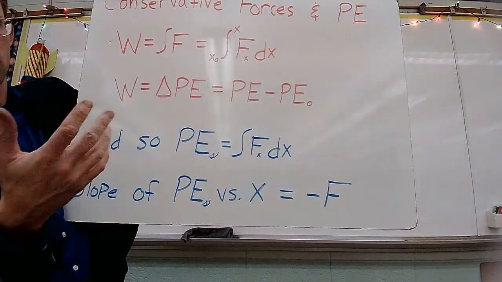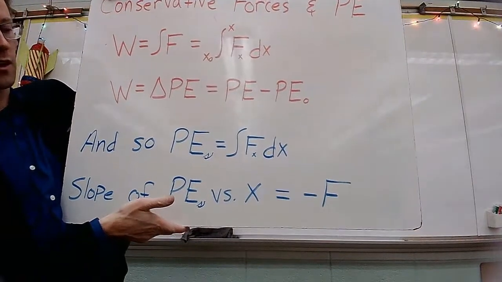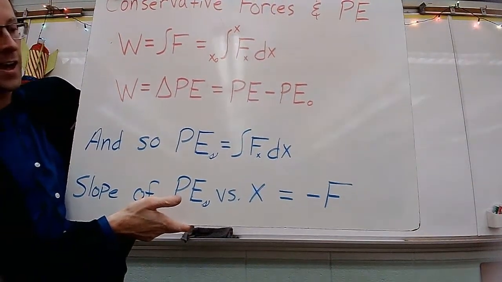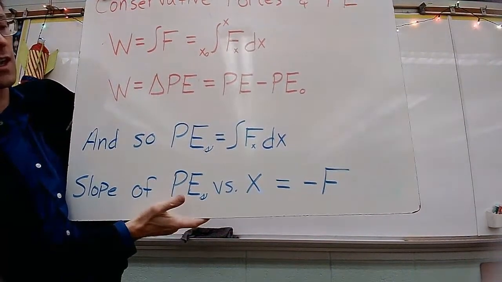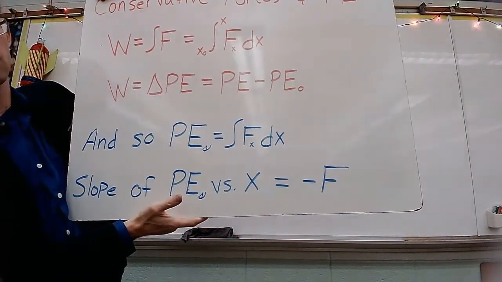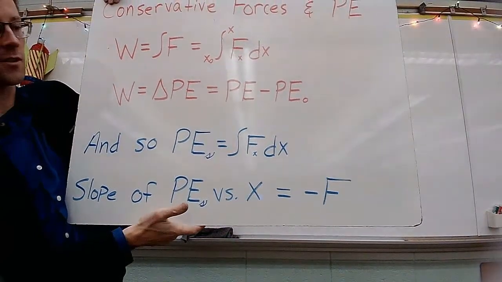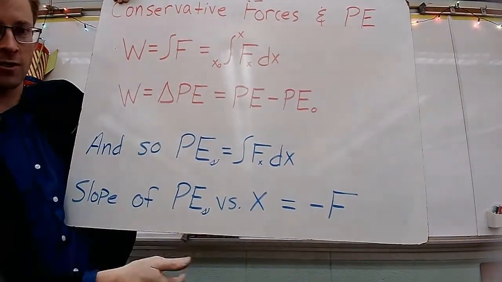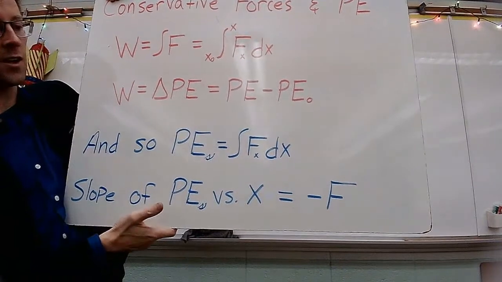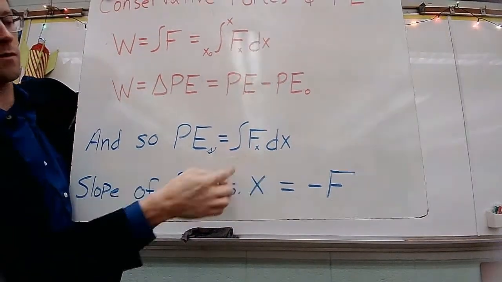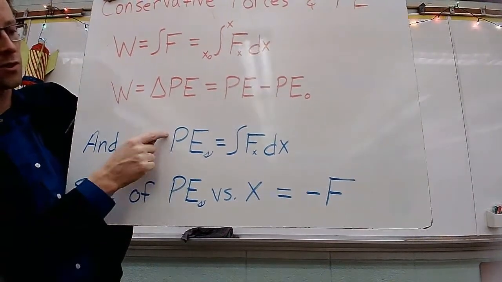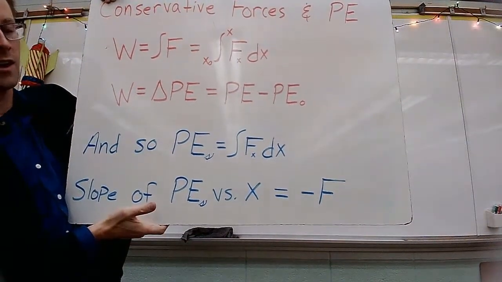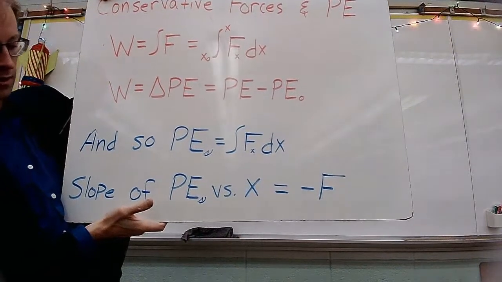If you're dealing with regular, up-down potential energy, mgy, then this displacement in the x direction would actually be in the y direction, because if you're moving vertically, changing your potential energy, you'll be dealing with distances in the y direction. But you get the idea. Usually this is done with springs, and we're dealing in the x direction. That's why I listed it that way.